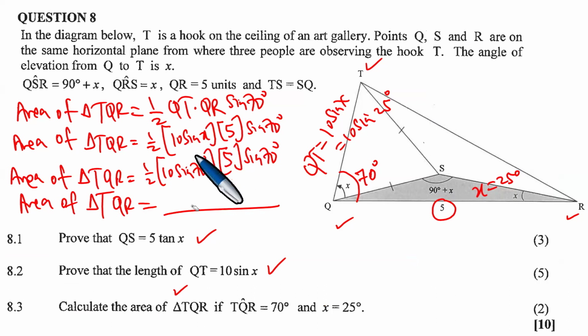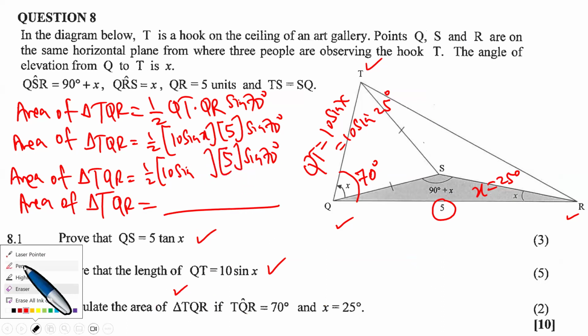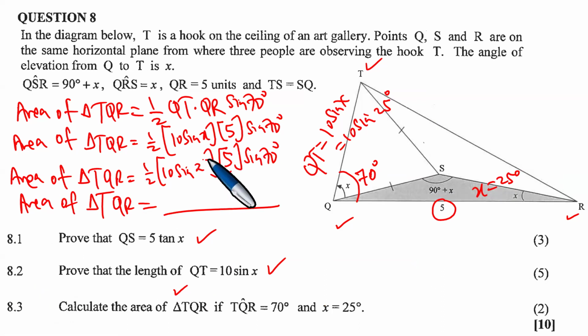This is 10 sine X because QT is 10 sine X, but X is 25 degrees. So you need to put 25 degrees there. But obviously you have the sine of 70, so you're going to use a calculator here.